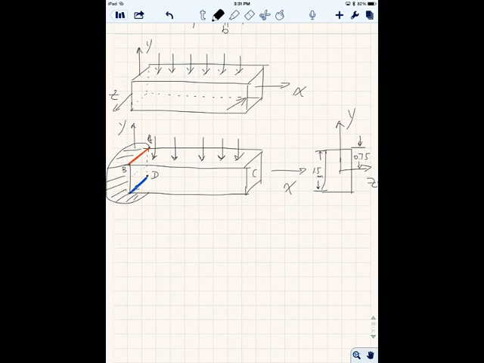So let's try to see the other case. I'm not going to draw the boundary conditions because everybody already knows. Okay, so again, you have this.